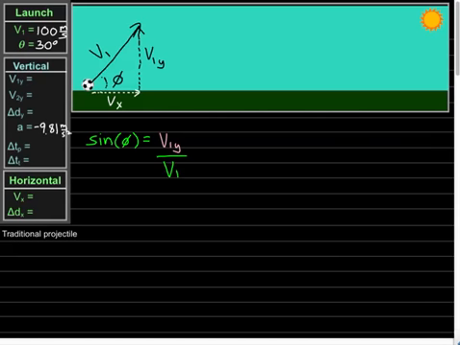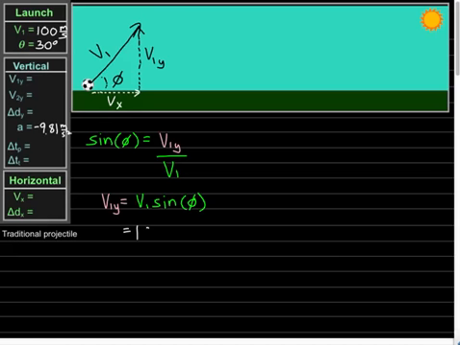Solving for v1y, we get v1y is equal to v1 times the sine, almost wrote cosine there, times the sine of theta.